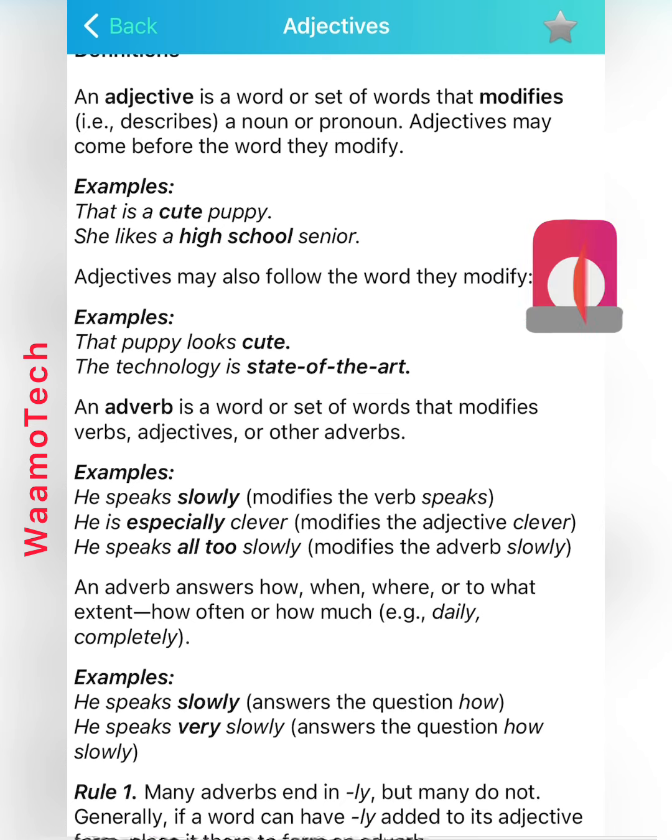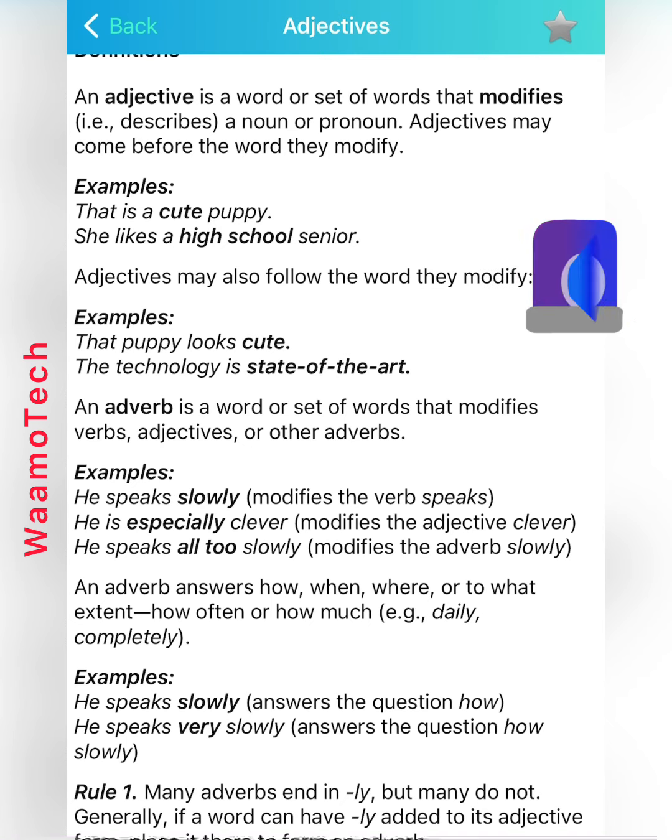And the second example, "he is especially clever." So the adverb that we have here is especially, and the word it is talking about or modifying is clever. Clever is an adjective because the word clever says something about a noun.